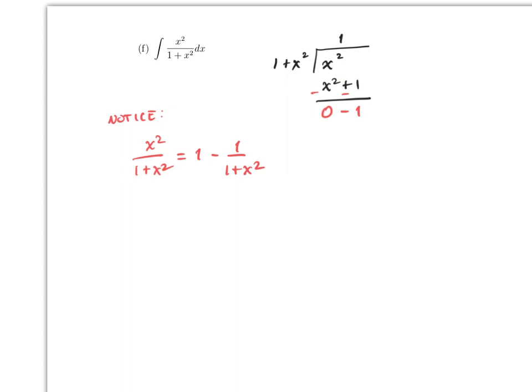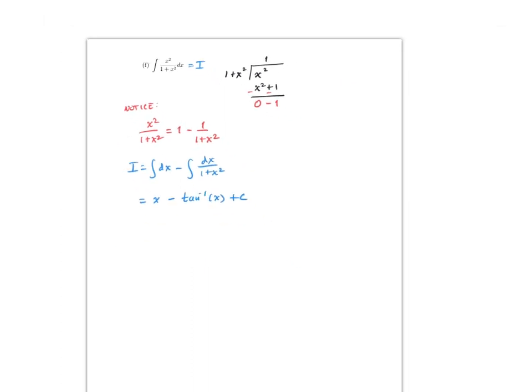So therefore, I, the integral, is the same thing as the integral of just 1 dx minus the integral of dx over 1 plus x squared. The integral of dx is just x, and then this is minus tangent inverse of x plus c.